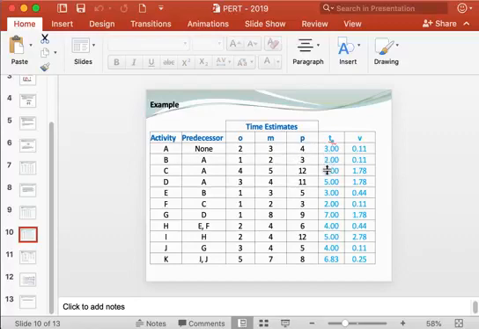For activity A, the activity duration is 3, for B it is 2, C is 6, D is 5, similarly G is 7, J is 4, and K is 6.83. So using these time estimates, you can actually draw the network using this precedence network. So you can try the network yourself.